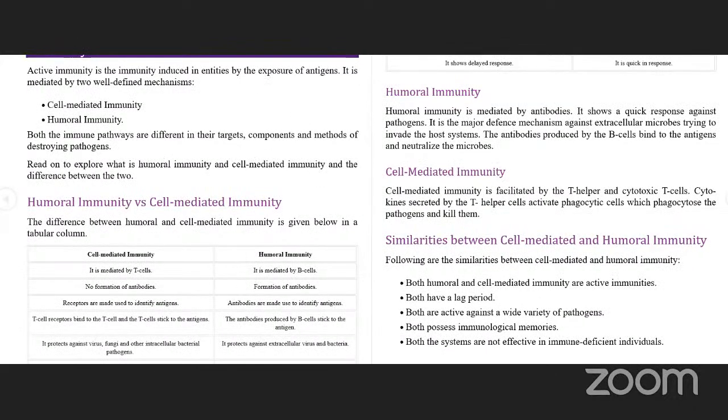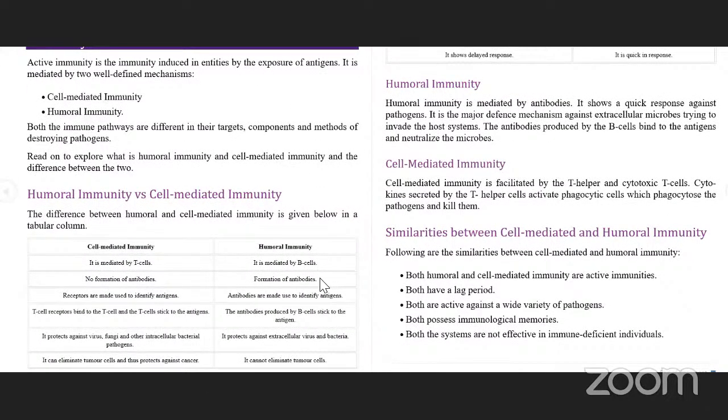So in cell-mediated immunity, you have T cells. In humoral immunity, you have B cells. No antibody formation in the cell-mediated, but in humoral you have antibodies formed from the plasma cells. Receptors are going to identify the antigens in one, whereas in the other the antibodies that are produced are going to identify the antigens. So these are the basic general differences.